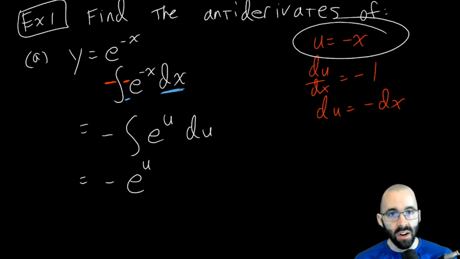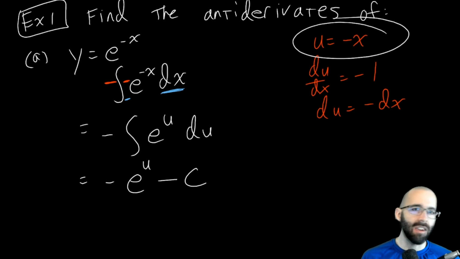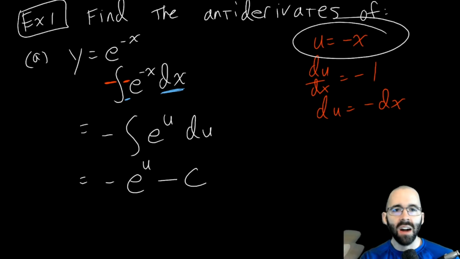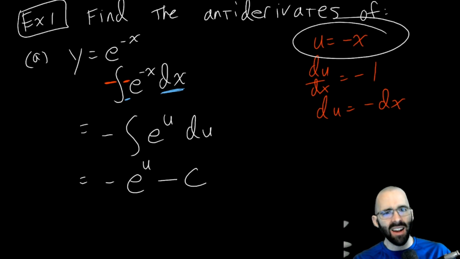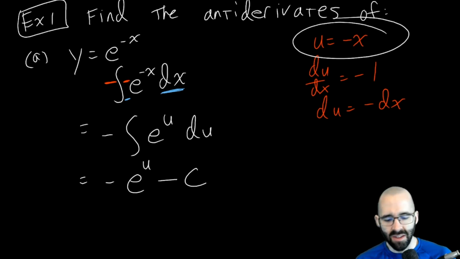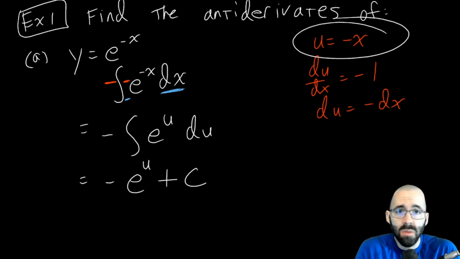Now there's a negative in front of this, so it should technically be minus c. We have to distribute that negative, but again, it goes back to the thing earlier, that if c is any positive or negative number, then subtracting any positive or negative number is just the same as adding its opposite. So it's still just any real number, and we usually write the plus. Minus c is 100% correct.